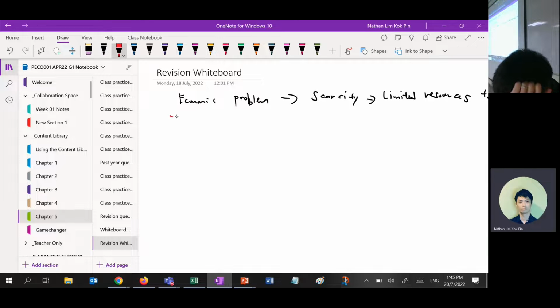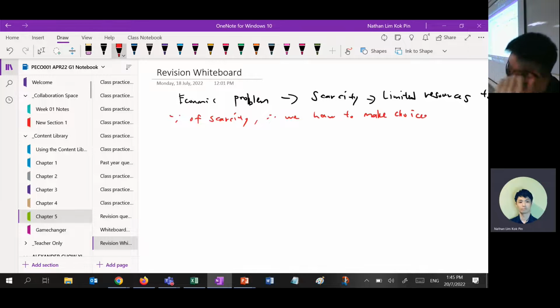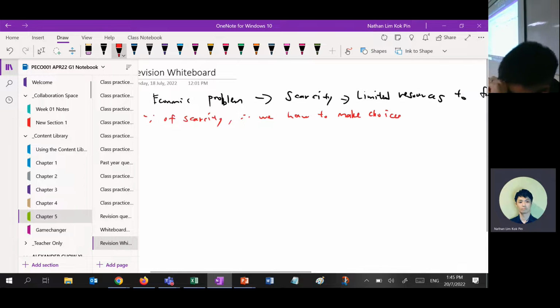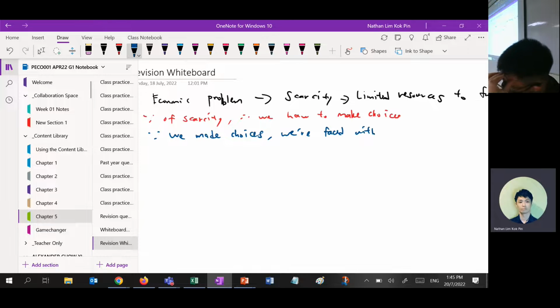Because of this problem, because of scarcity, we have to make choices, right? Because we make choices, we are faced with opportunity cost.